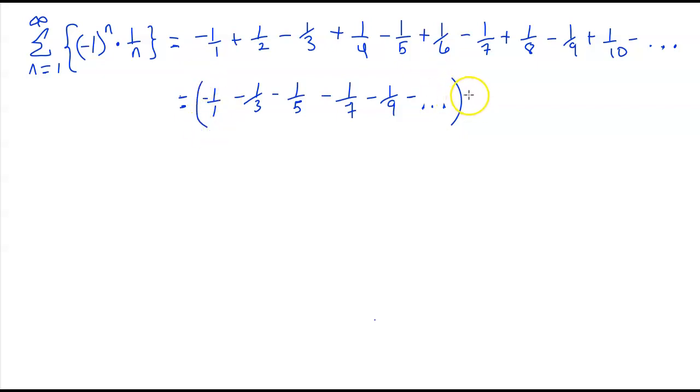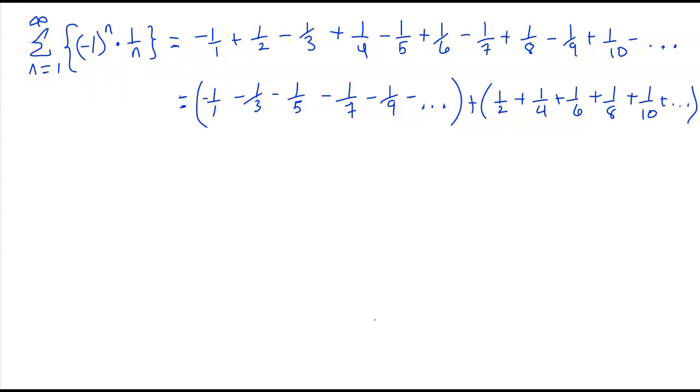And I could take that and add that to all the positive terms, which is 1/2 plus 1/4 plus 1/6 plus 1/8 plus 1/10, and so on and so forth.